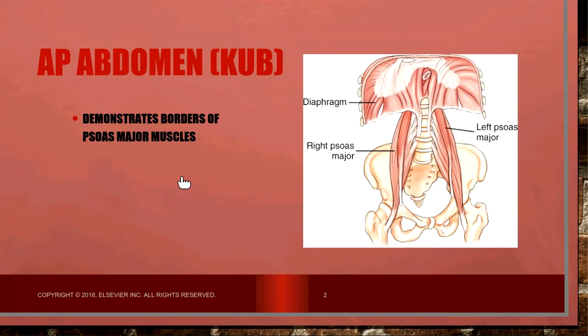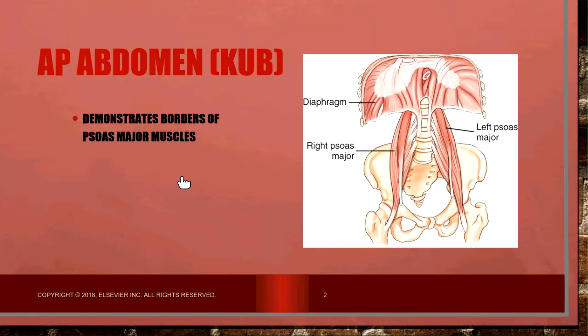A lot of times they'll take this image prior to giving contrast media to a patient so that they can visualize what the abdomen looks like before contrast media is administered. When it's done like that, it's considered a scout image. Scout, S-C-O-U-T.